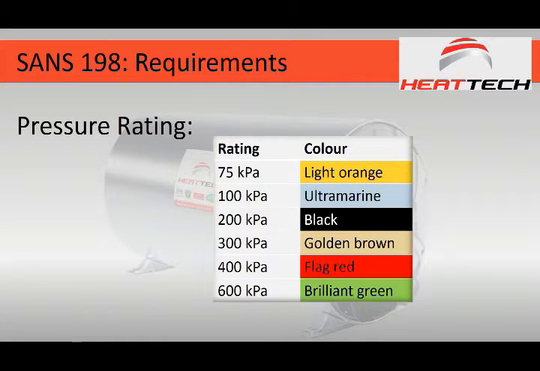Or let me simplify that. Depending on the brand and the product, it is possible that a vacuum breaker designed for 600 kPa might not function exactly the same when it is fitted on a 400 kPa system, or the other way around. So just bear that in mind when you select the vacuum breaker to use for the system.